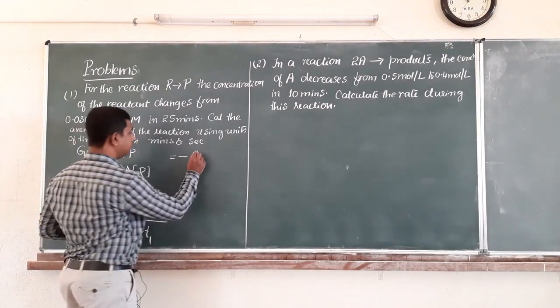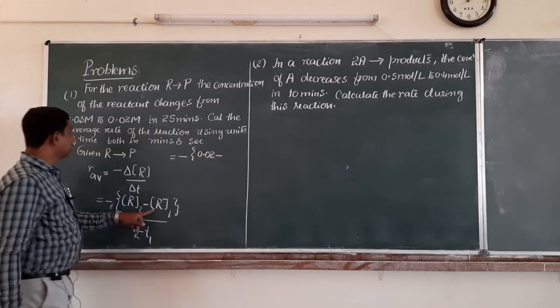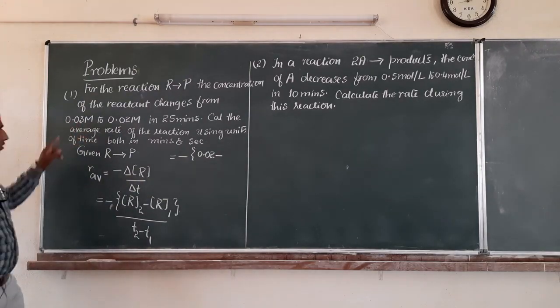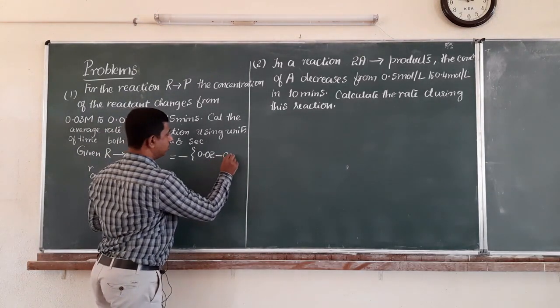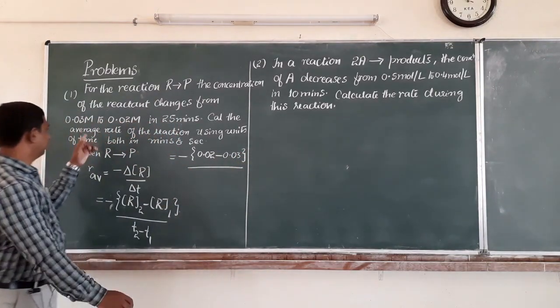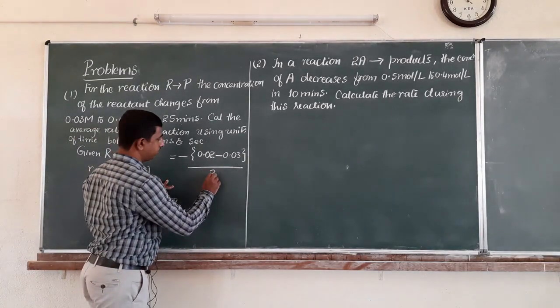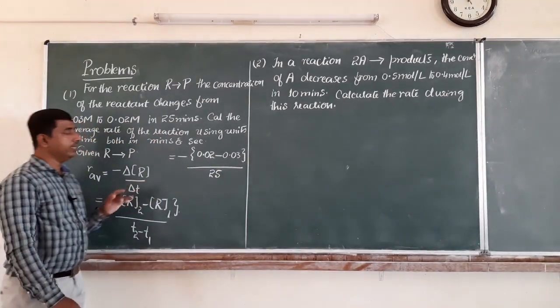So R2 value is 0.02 minus R1 value, R1 means initial value, that is 0.03, by delta T. Delta T value is given, that is 25 minutes. By 25.